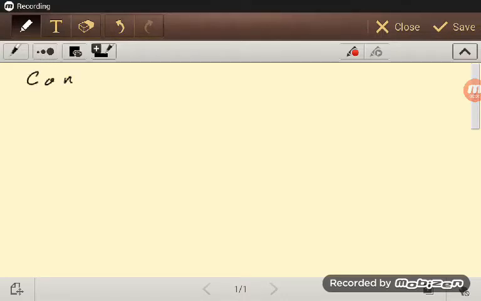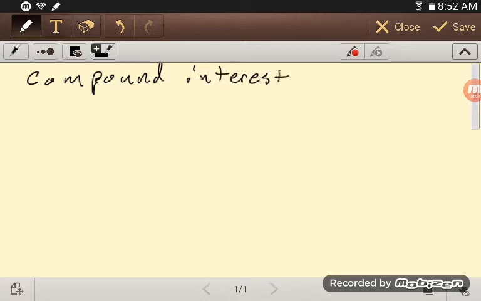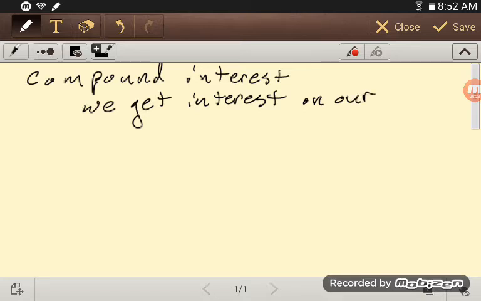Alright, now we look at compound interest. So we looked at the simple interest, saw that it was just the same thing as sales tax, same structure, same way of doing things. But now with compound interest, what happens is we get interest on our interest if we leave it alone long enough.